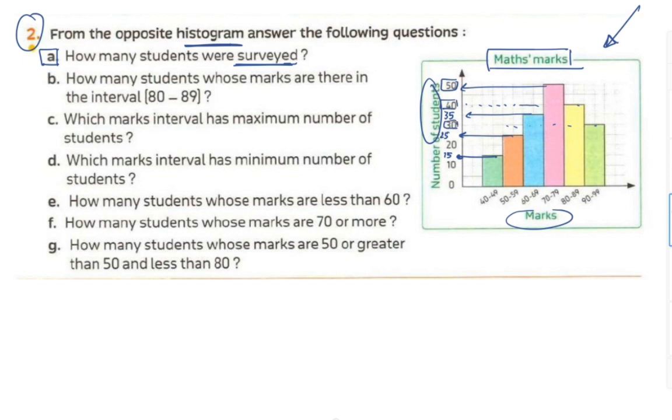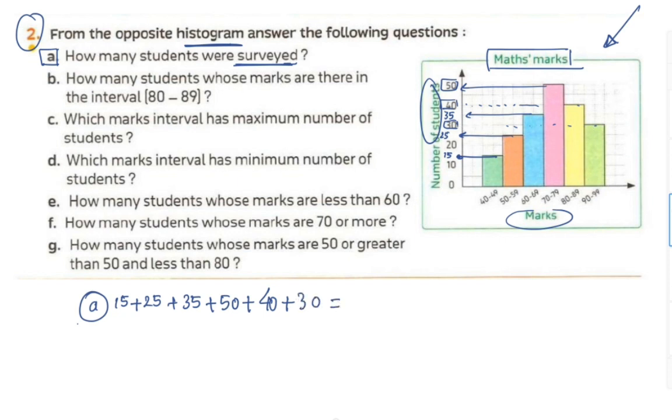Now, to find all students for point A, I start with the first one, 15, plus the second one, 25, plus the third one, 35, plus the next one, 50, the yellow one, 40, and the last one, 30.